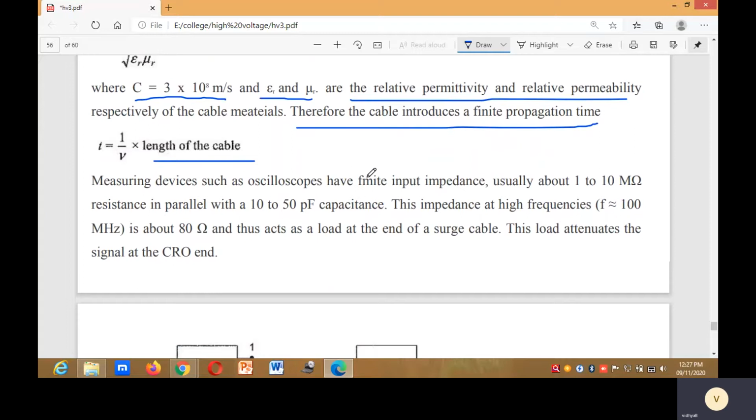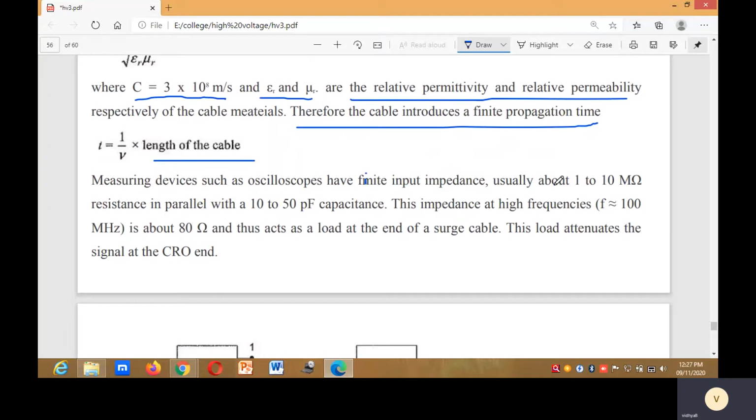Measuring devices such as an oscilloscope have a finite input impedance, that is, 1 to 10 megaohm resistance in parallel with 10 to 50 picofarad capacitance.